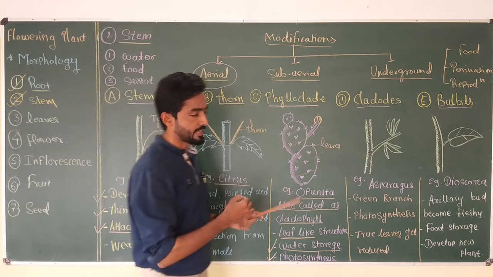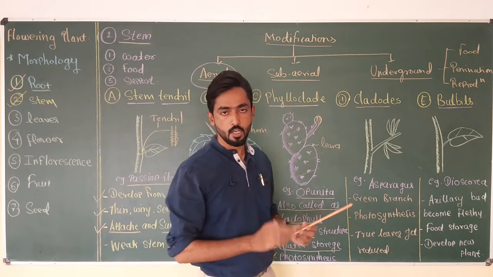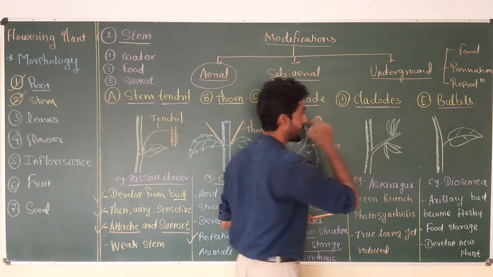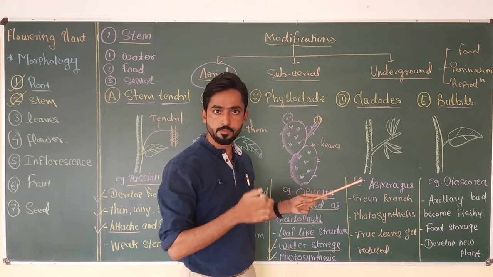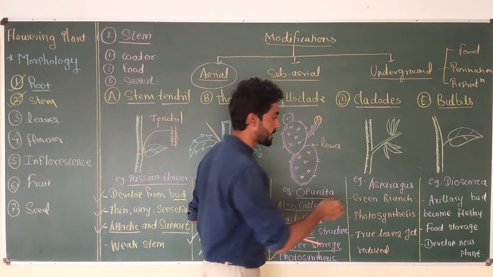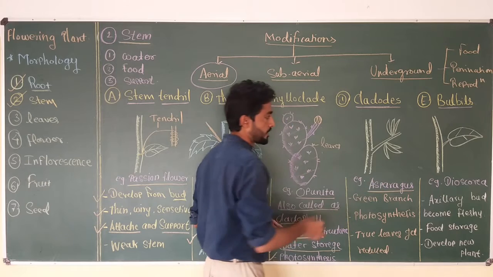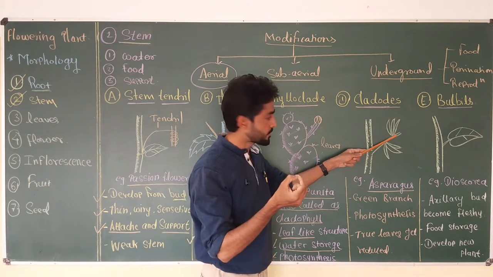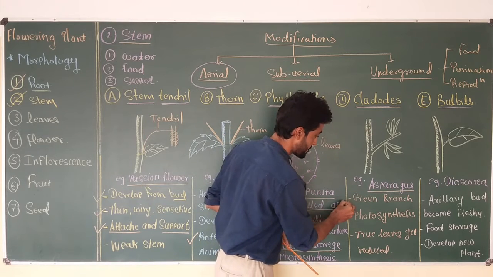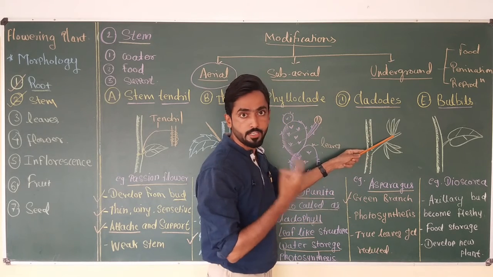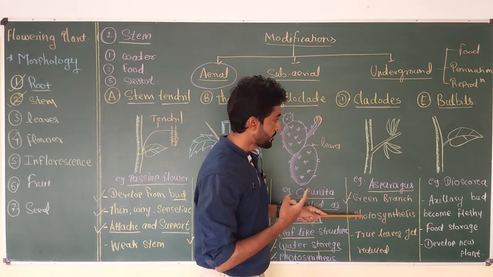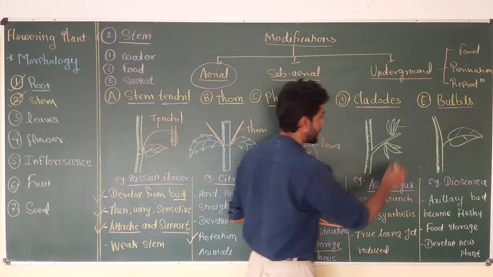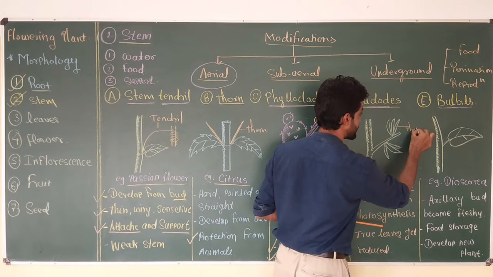Then the second last type of modification which comes under the aerial class is cladodes. Cladode modifications are observed in different types of plants, including asparagus. In this case, a single node of the stem becomes green and forms a branch. The main function carried out by this modified stem is photosynthesis.